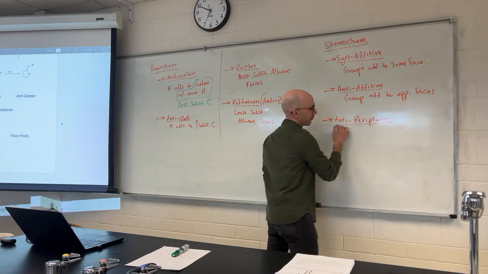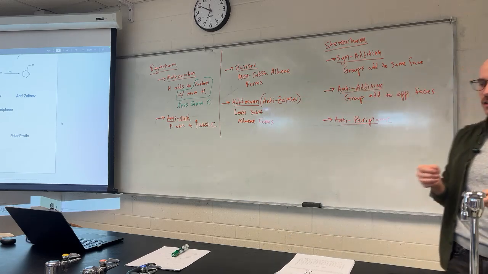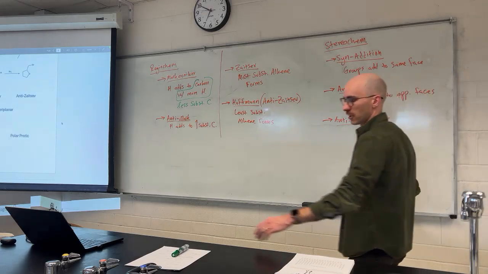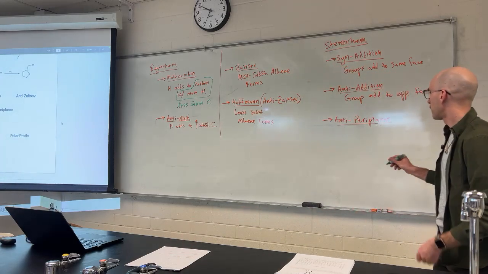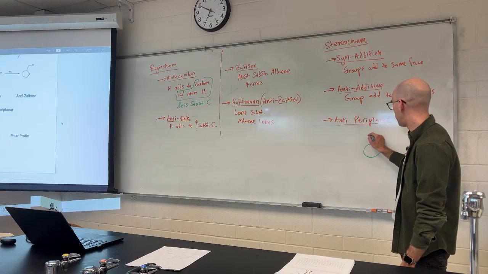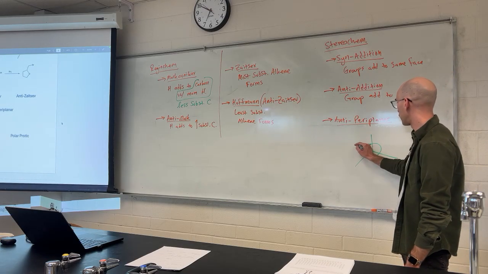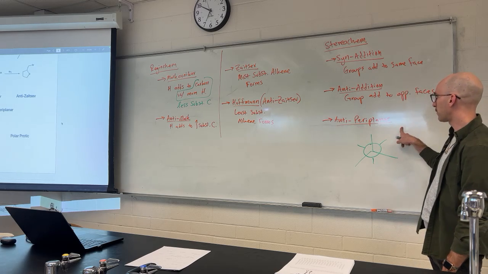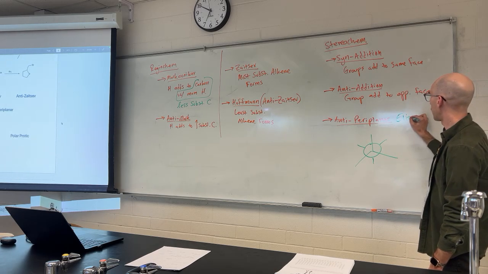The last term that we'll see throughout the rest of the semester to describe stereochemistry is anti-periplanar. And to be honest, I'm realizing in this moment, this should have come up when we did our Newman conformation unit, because this is best identified from a Newman projection. When we talk about anti-periplanar, we're talking about elimination.